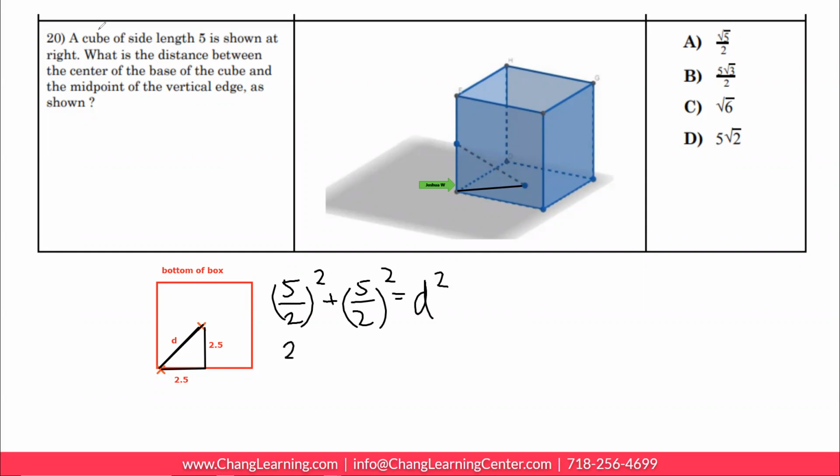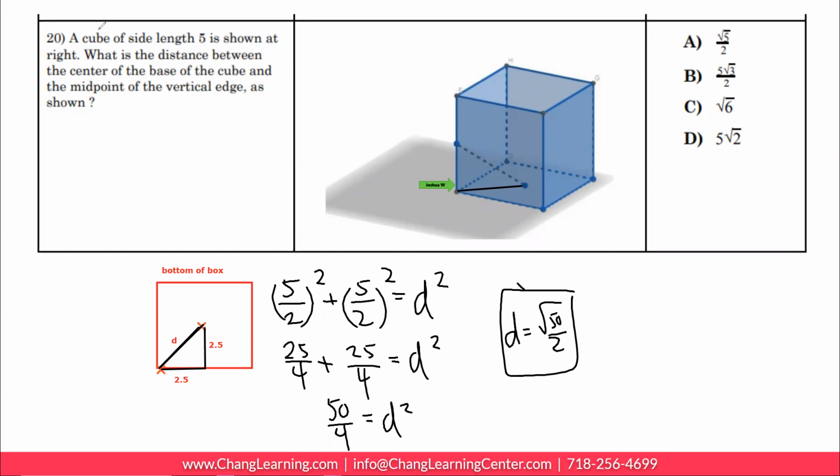So we have 25 fourths plus another 25 fourths equals d squared. Okay, so that's 50 fourths equals d squared. So that means that d equals the square root of 50 over 2.